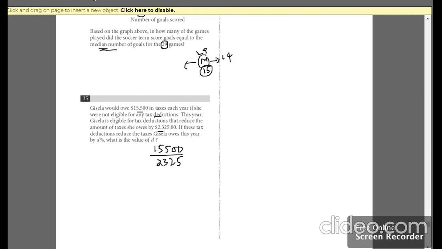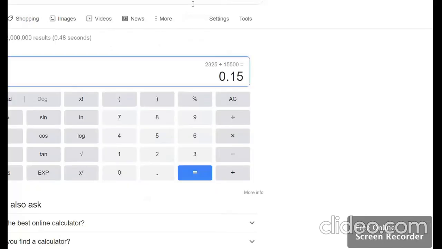Let's just check it. Oh, this is a little bit wrong. Corrected, it's going to be 2325, which she has to owe, and we just need the percentage, that is 15,500. Upon dividing it, 2325 divided by 15,500 is 0.15.